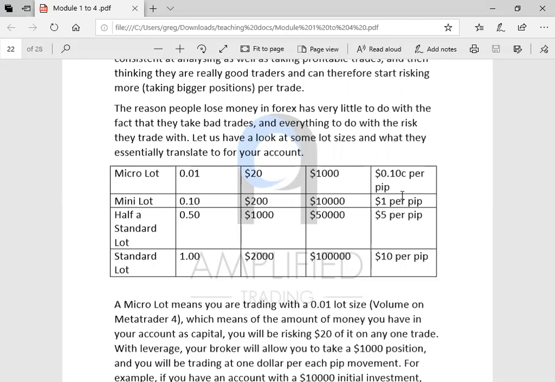Just go back, you'll be able to see an Excel spreadsheet written forecast. It has all of this information about what lot size to use if your stop loss is this big and if your trading account is this big. It will help you get rid of the calculation side of things, although you need to learn how to do that yourself first before dedicating that to the Excel spreadsheet.